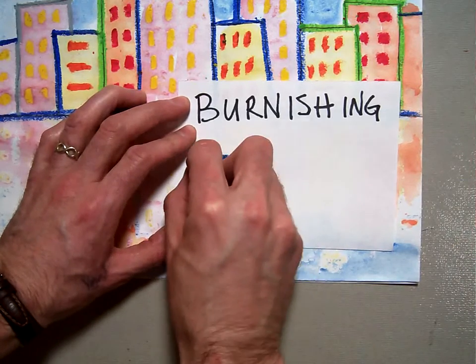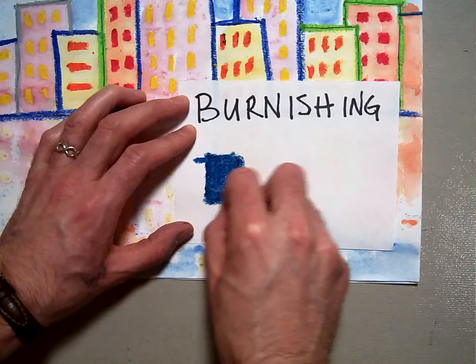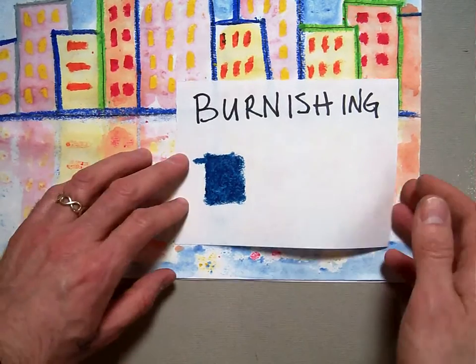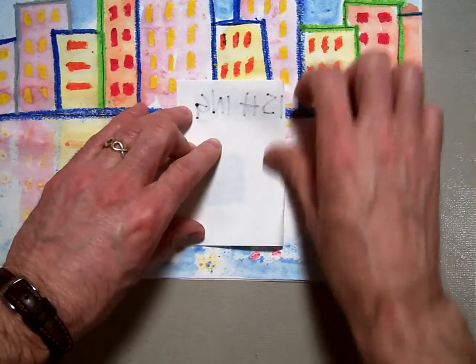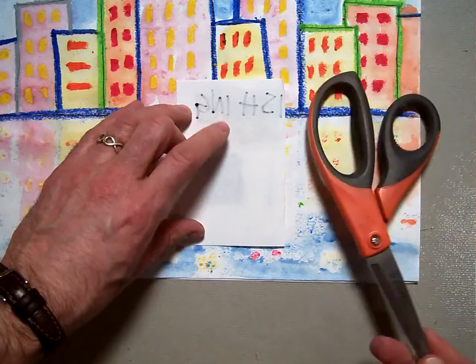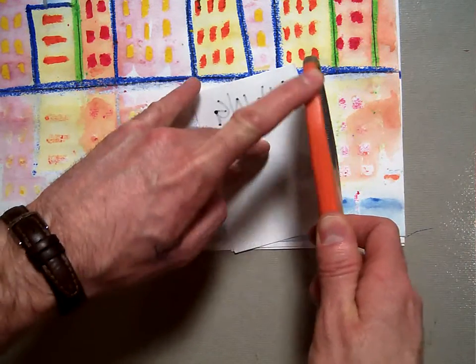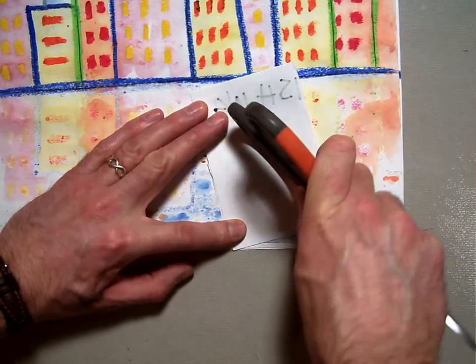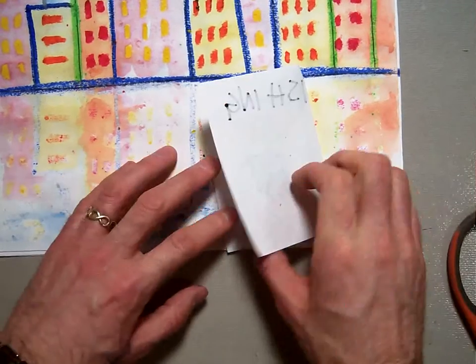If I take an oil pastel and I make a nice, thick, deep, dark line, or shape rather, like that, and I fold the paper over like that, and then I take my scissors, notice there's a little hard edge of plastic on my scissors, and I take that hard handle and I push down and rub it back and forth and burnish.